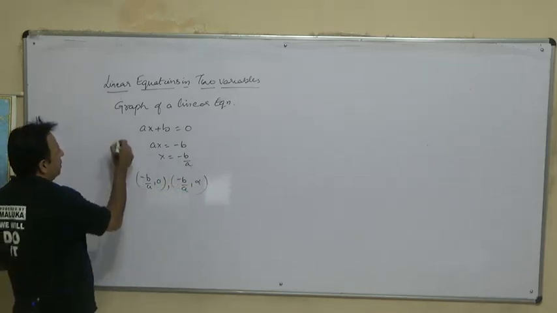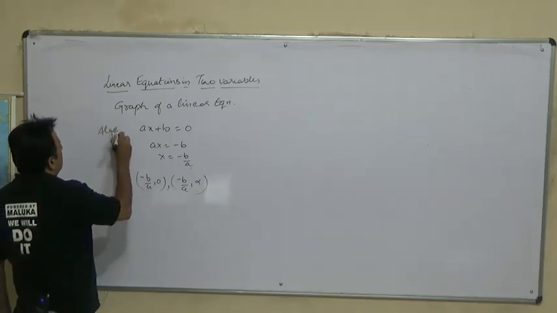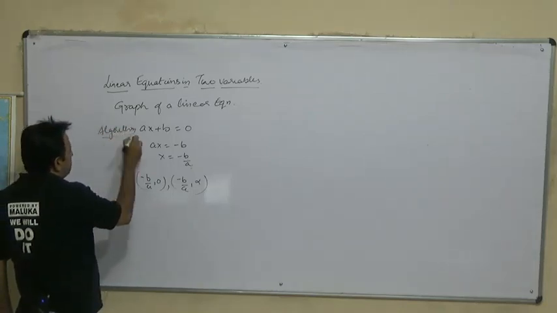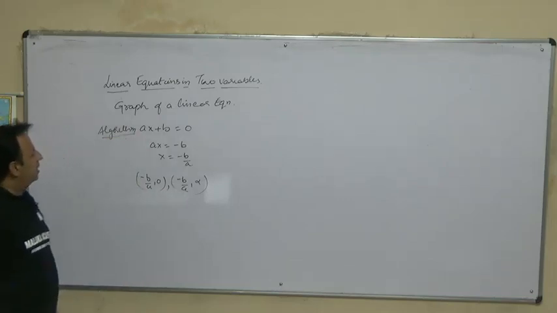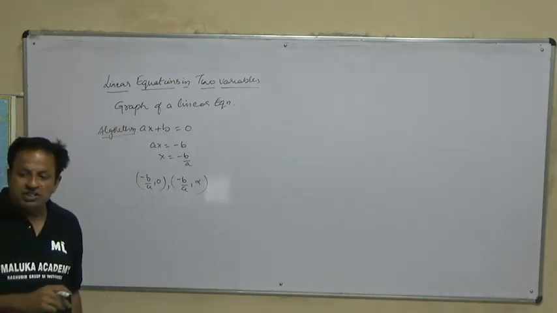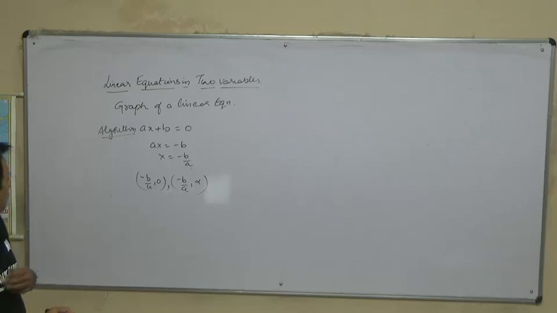So this is the algorithm. Algorithm is the steps followed to do any process. So this is the algorithm to draw the graph.